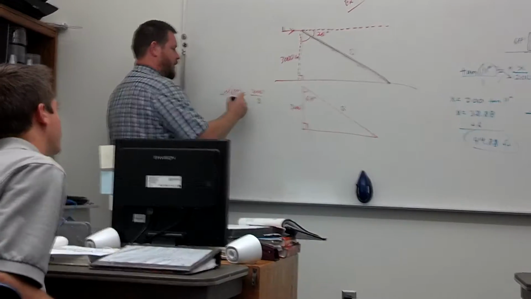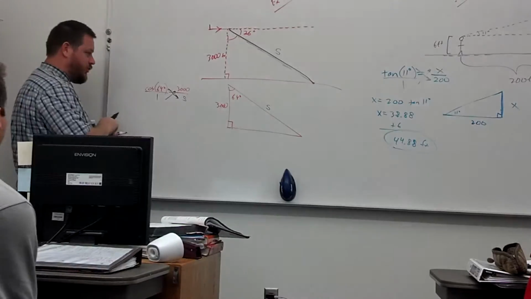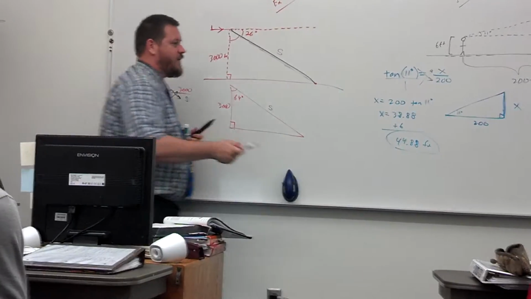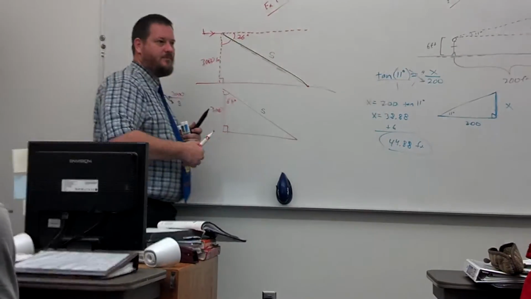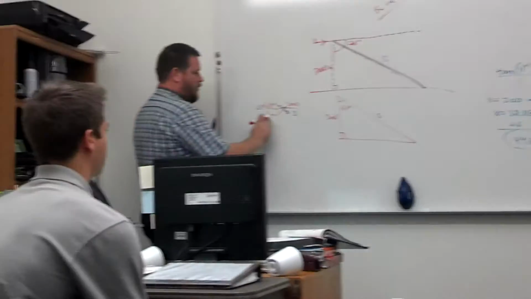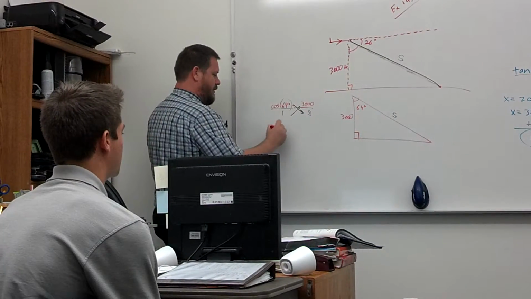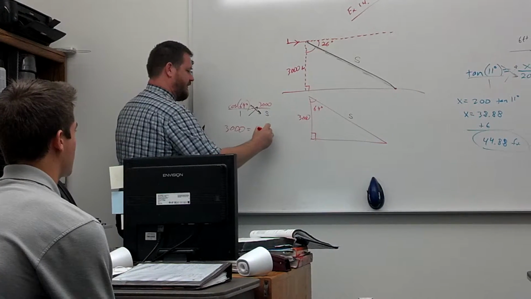I recommend you put this over 1 and cross multiply, and here's an example of why. If you get into the habit of saying that your variable equals the number times the trig function of the angle, sometimes, like in this one, that won't work. 1 times 3,000 equals s times the cosine of 64 degrees.